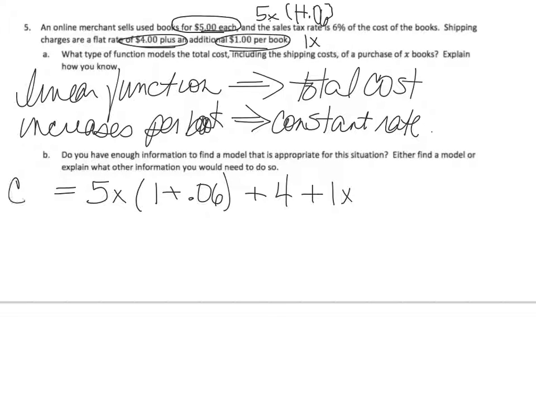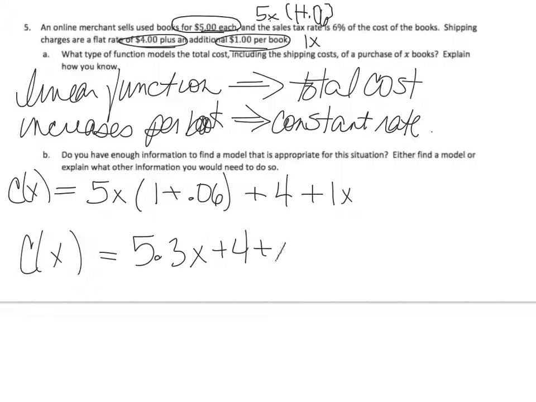So this would be the cost per book. Probably could have used a different variable than X. I can collect like terms and simplify it. 1 plus 0.06 times 5 gives me 5.3, plus 4 plus x, that is 6.3x plus 4. That would be my linear function.